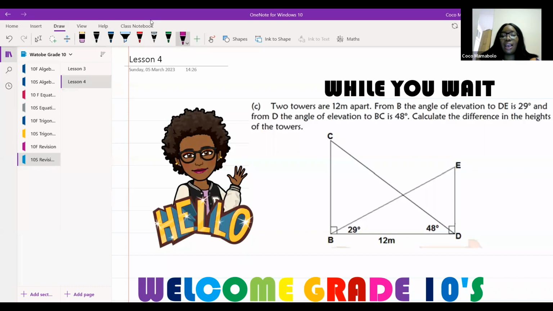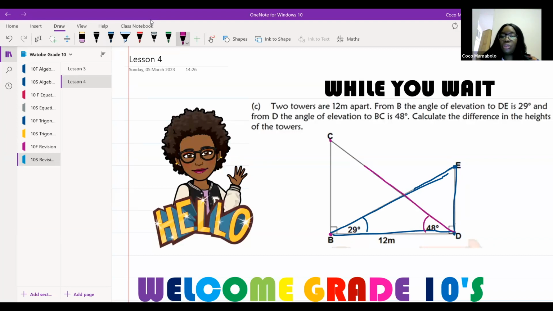So this is one tower, BC. And then on the other side, you've got another tower, DE. They both have a base, and the base of both of these is exactly the same. The 29 degrees belongs to this triangle over here, and the 48 degrees belongs to the triangle over there.